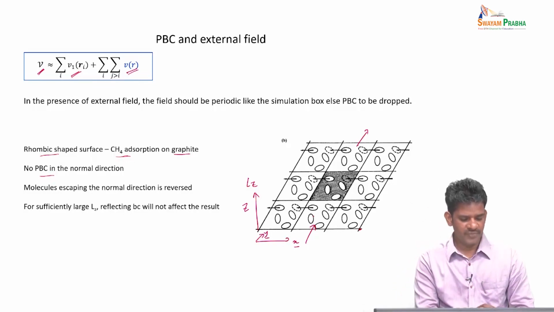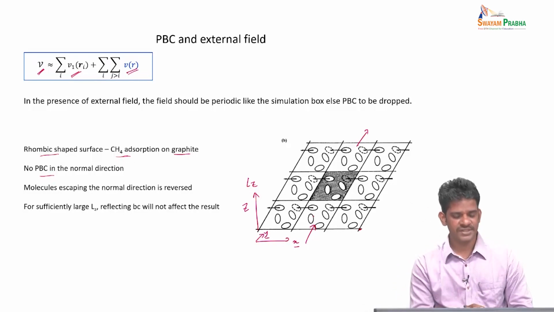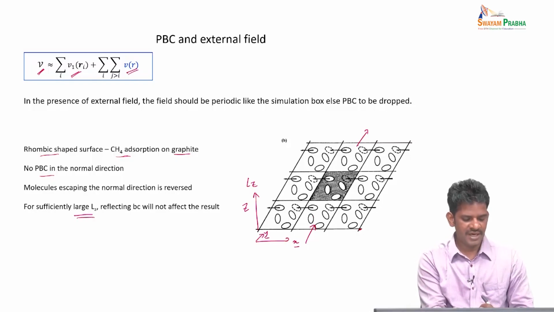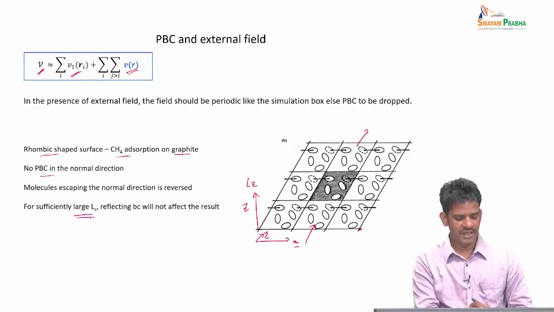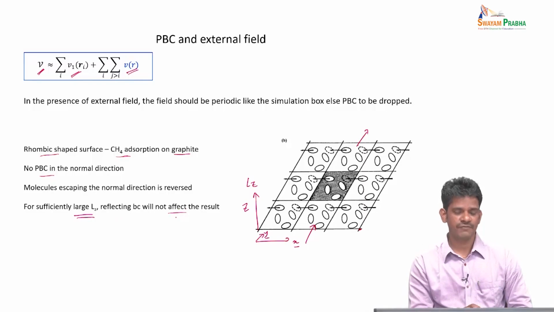The logic for why this method works is that if you keep a sufficiently large edge length in the normal direction, this kind of reflecting boundary condition will not really affect the results. The way you can confirm this is you take a simulation with a particular Lz value and predict some properties of adsorption, and then you double the size of Lz and see whether there is any dependence.